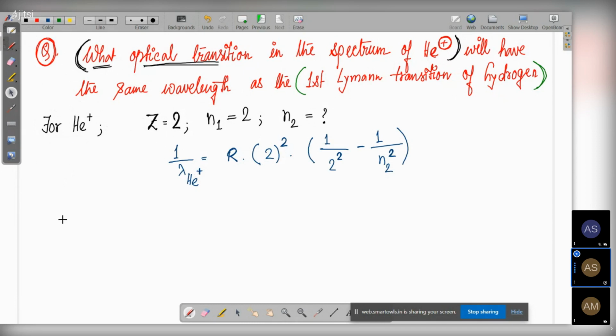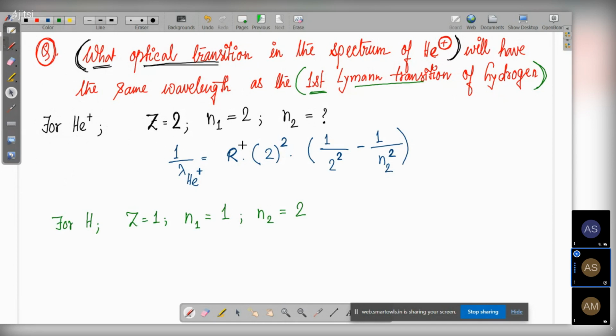Now let's see for hydrogen. For H, Z is equal to 1. N1 is equal to 1 because it is the Lyman transition. And N2 is going to be 2 because it says first Lyman transition, that means the first line.